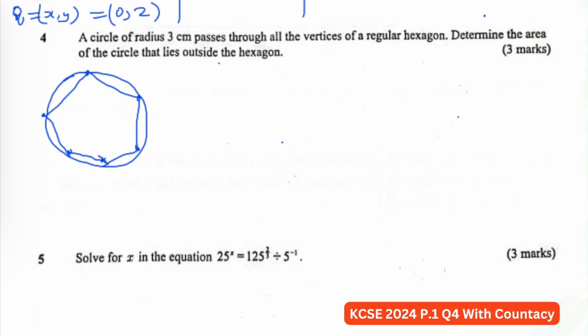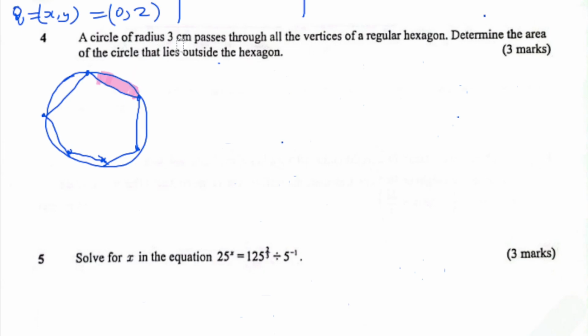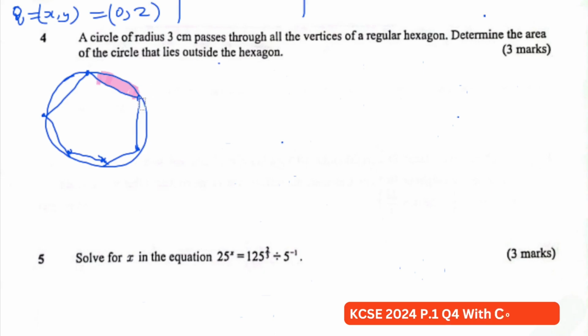Let's see if we can color it, like that. So the question is interested in this part, that is the part of the circle that is outside the hexagon.